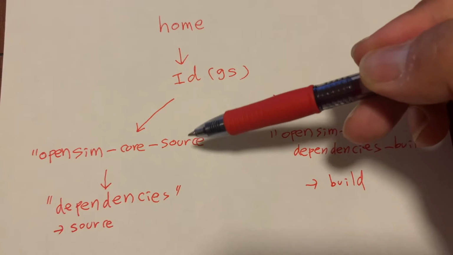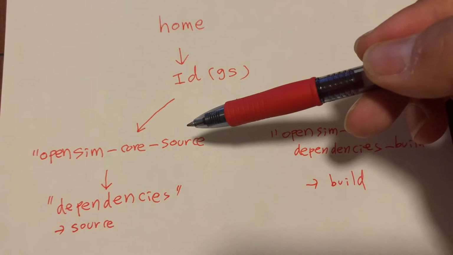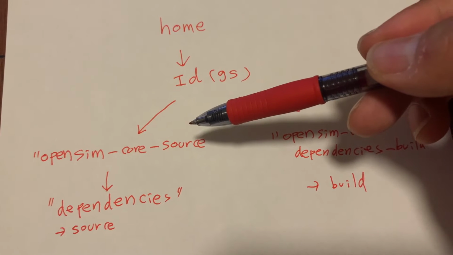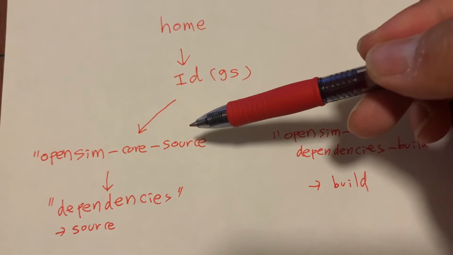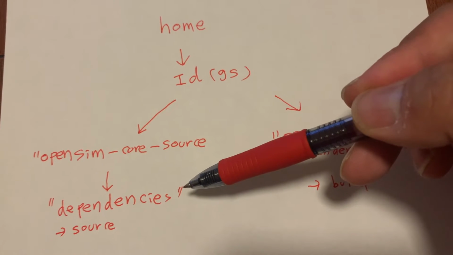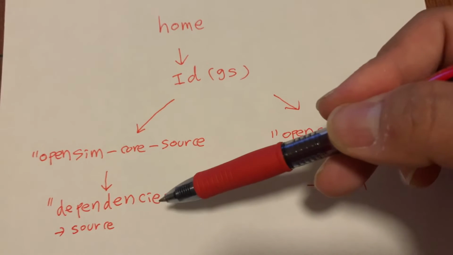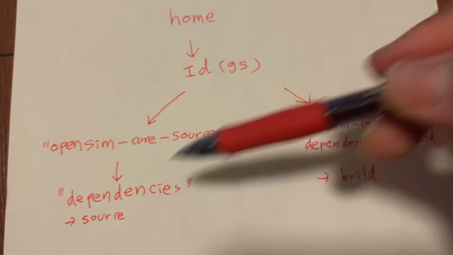This is the folder that stores all the downloaded sources. Inside of this folder there is a folder named dependencies, and I just set this folder as my source in CMake.